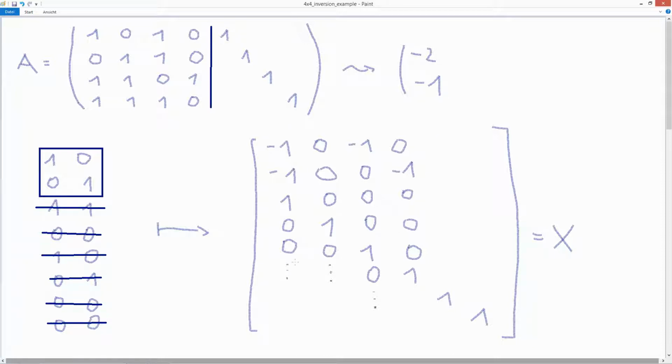So now we are done with the first column, so we will insert the second column. This is pretty easy because it's a unit vector.